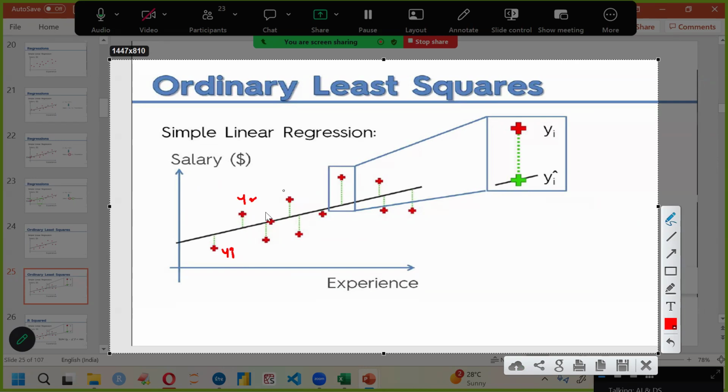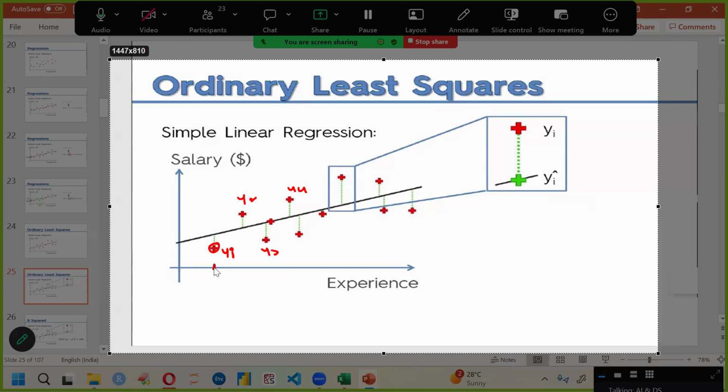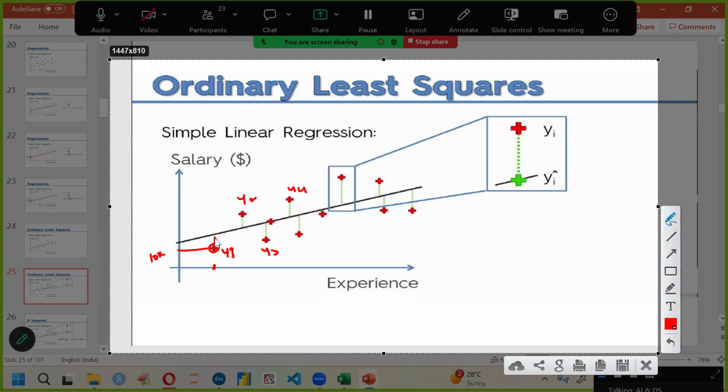This is y1. This is y3. This is y4 and all. So I'm taking this actual point. For a 1 year experience person, actually he is getting a salary of this much, 10K. So I'm projecting this point to that line, which is close to all the points.